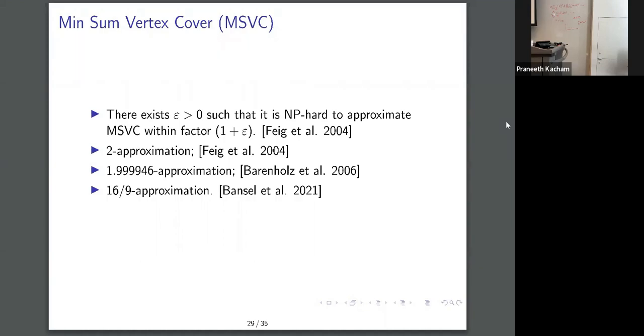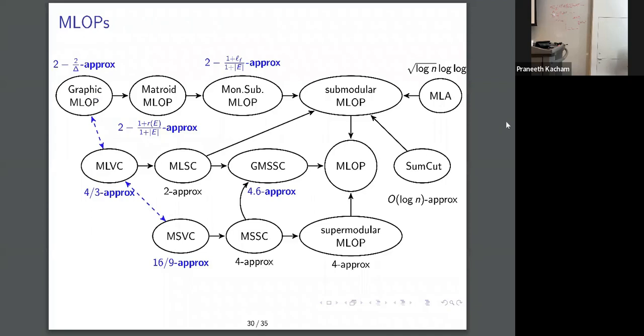I gave a talk last semester on that, in which we discussed kernel alpha point rounding. So these are some classical problems that are all MLOPs. As we mentioned, for symmetric submodular, the most interesting is MLA. Sum cut is also an interesting problem that we don't talk about.